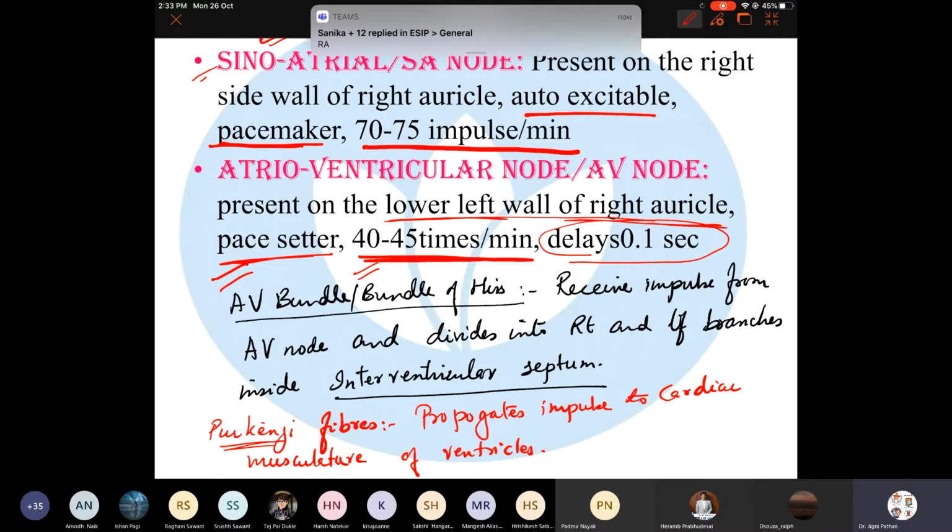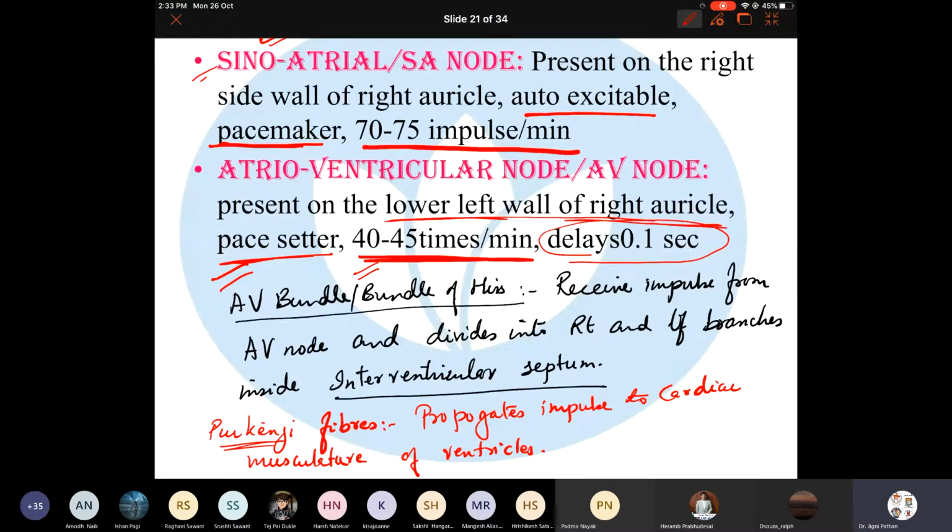Right auricle, then what? After that, what will contract? Right auricle, right ventricle, sorry, right auricle, right ventricle. Very good, Yash has answered it: right auricle, left auricle, and both the ventricles. This is just a delay. So the contraction is important.